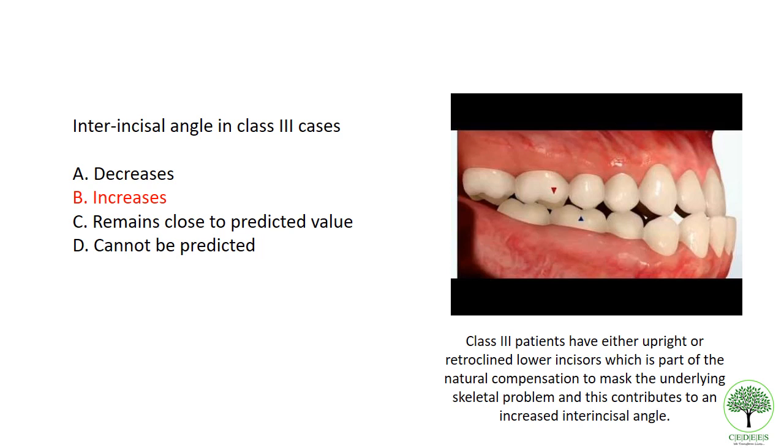So when the lower incisor retroclines and the upper incisor proclines, but the lower incisor retroclination is far more than the upper incisor proclination, the interincisal angle increases when measured. It increases because of the upright or retroclined lower incisors, which are part of the natural compensation to mask the underlying skeletal problem. And this is why the interincisal angle in class 3 cases increases.